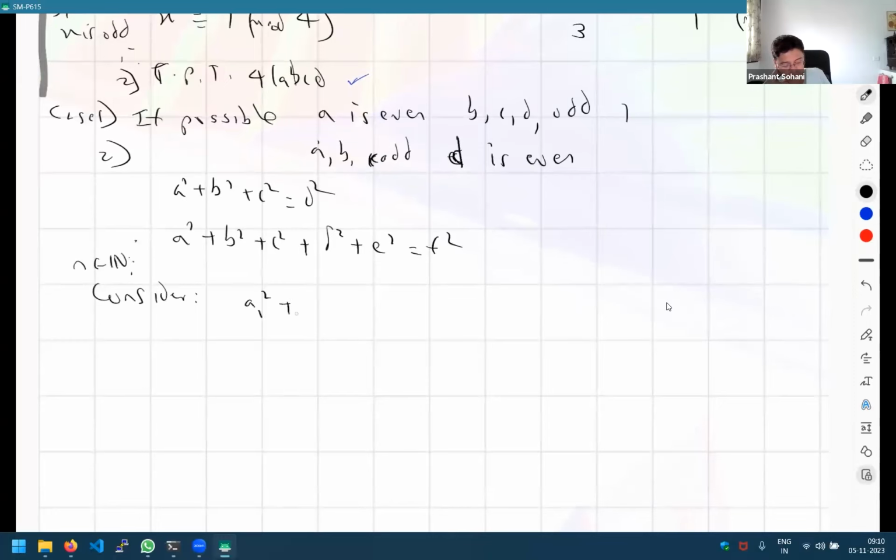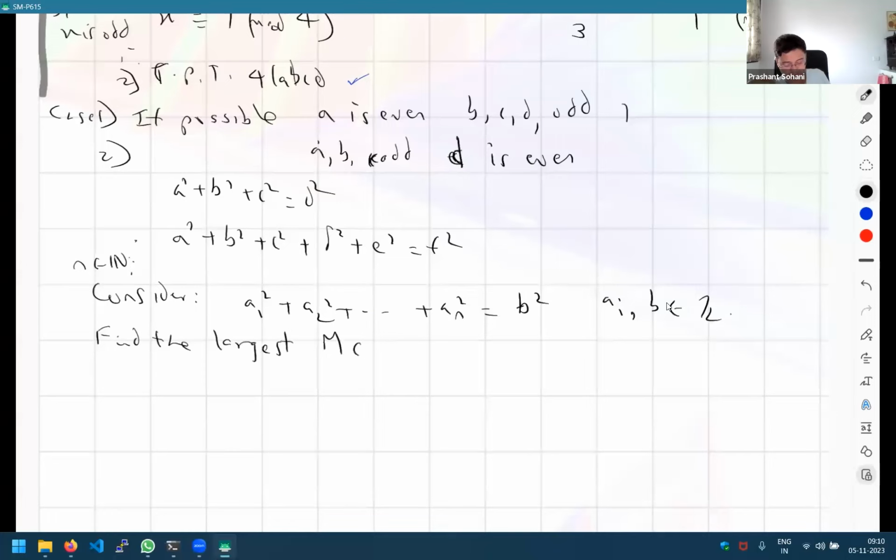Consider the equation a1 square plus a2 square plus ... plus an square is equal to some b square, where all a and b are integers, or we can take positive numbers, doesn't matter. Then find the largest integer m such that m will always divide the product.